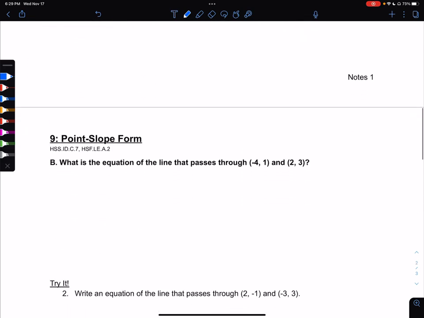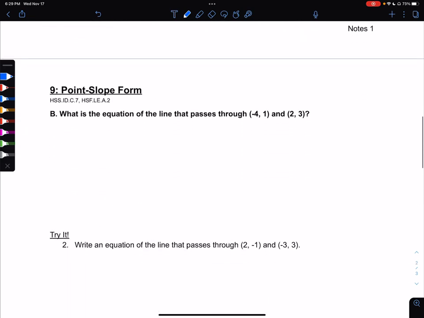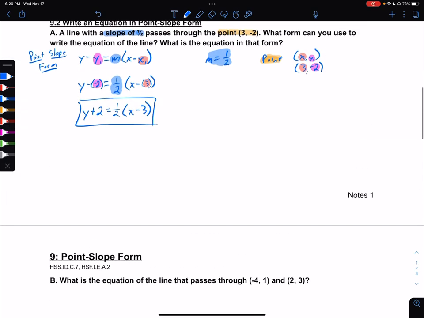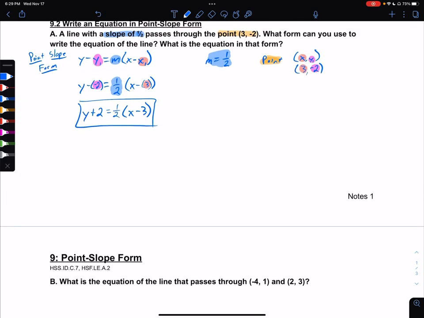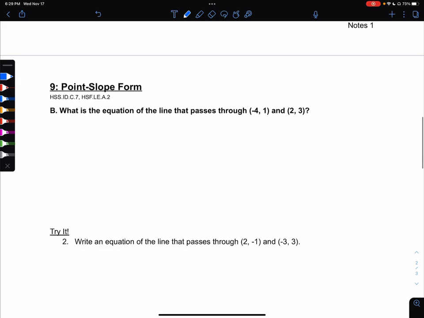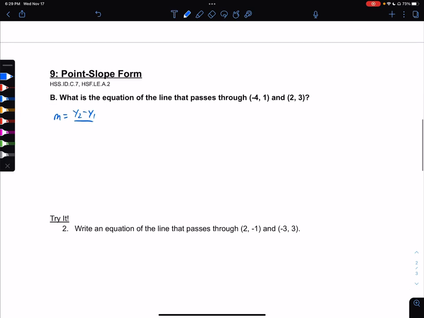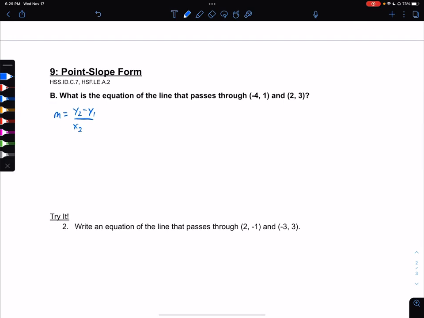All right, in part B, what is the equation of the line that passes through -4, 1, and 2, 3? So in part A, they gave us the slope and a point. In part B, they don't give us the slope, but they give us 2 points. So we can calculate the slope using the slope formula, y2 minus y1 over x2 minus x1.